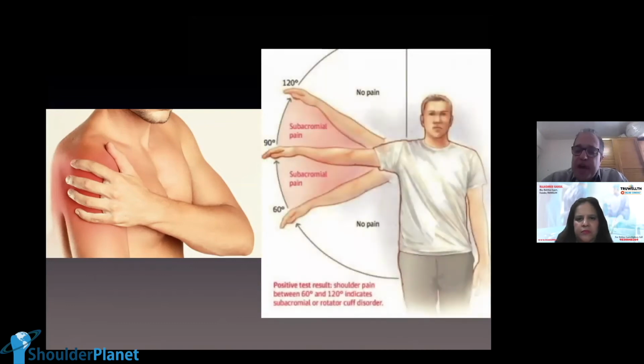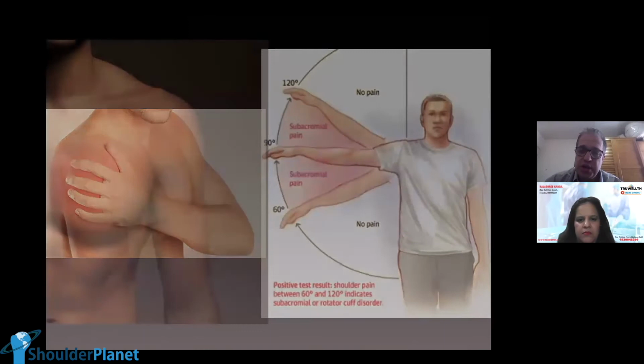As we elevate, in the middle of the movement of elevation, we have a lot of pain. This is a tendency. This is what we call the Neer's arc, but this is very technical. What I want people to understand is that in this space, three-dimensionally, is where we will classically have pain. This is not mandatory, but it's a huge tendency.